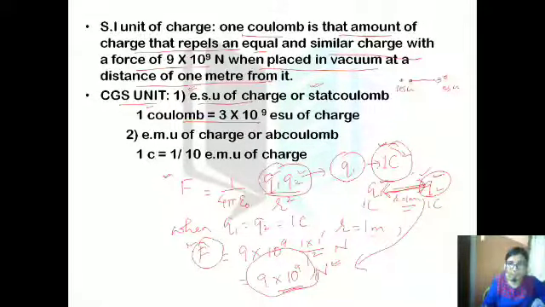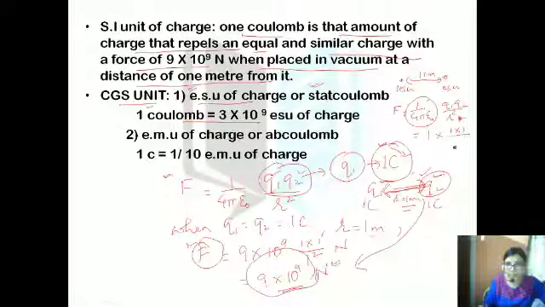They will be separated by 1 centimeter. Then force will be 1 by 4 pi epsilon naught q1 q2 by r square. What is this k, the constant of proportionality in CGS? It will be 1, into q1 q2 which is 1 ESU, 1 into 1, by r square.